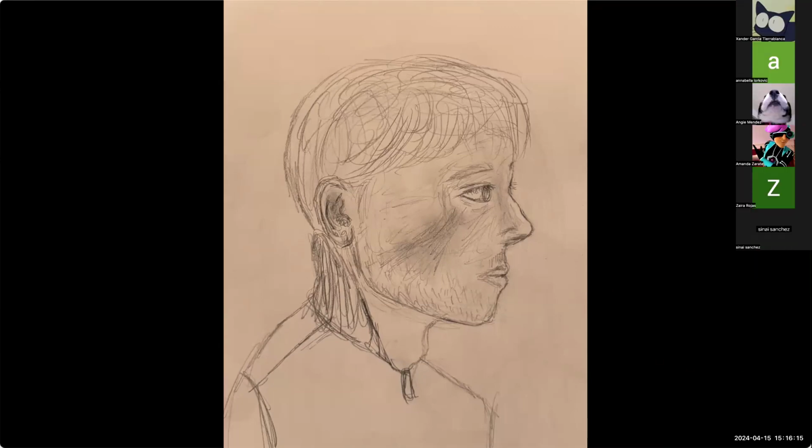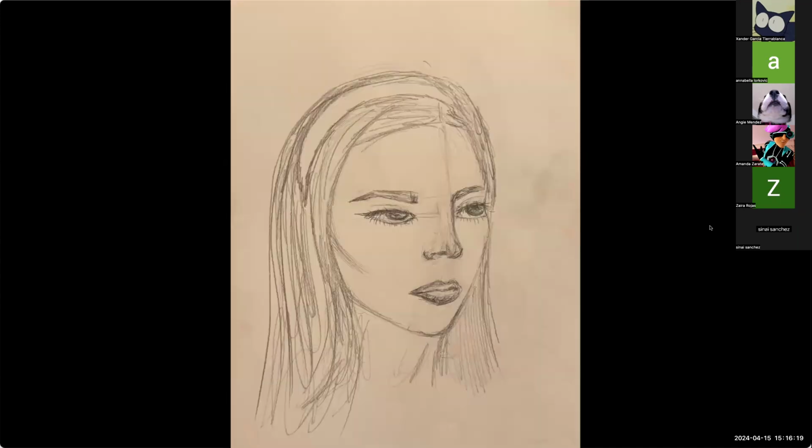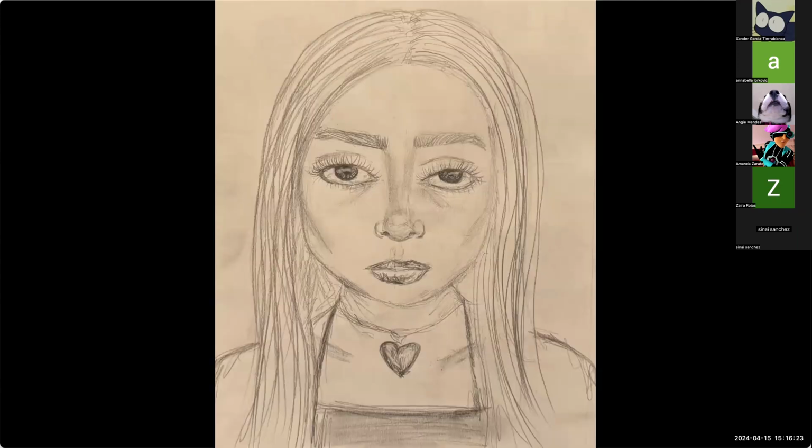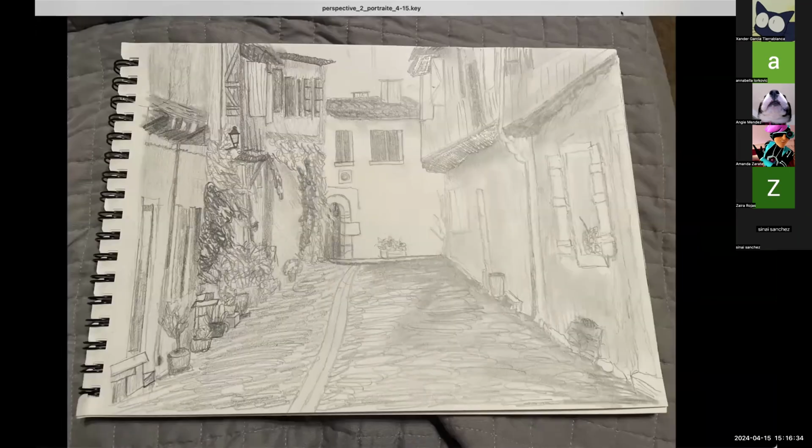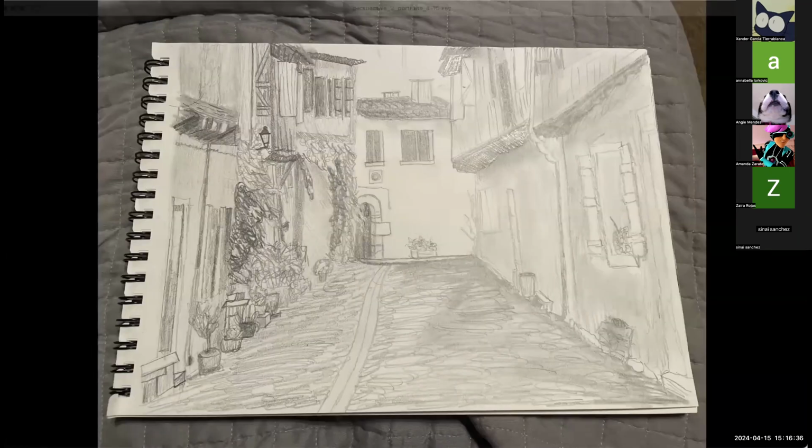Oh man, we're missing our people. Okay, so Ayana's not here. It looks like Ayana did all three. So this is the 3/4 view, and that's her portrait. Okay. And those were the only portraits that were submitted that I found.